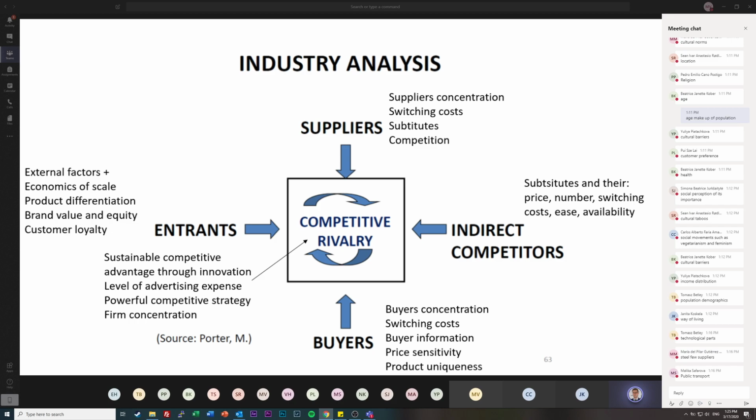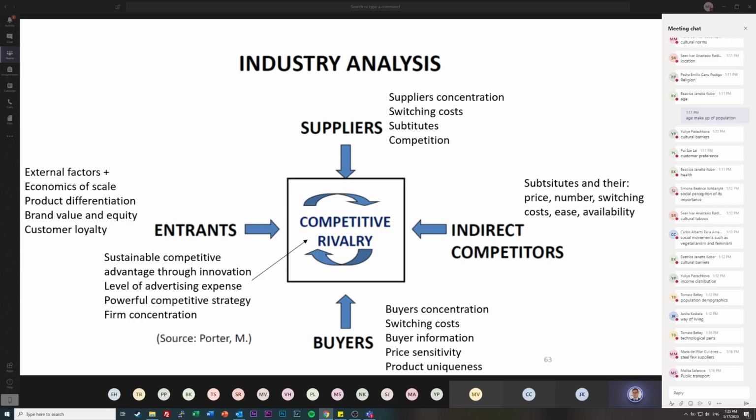And then there are two more factors. One is the indirect competitors and the other is buyers. Those are factors that influence the output of the company. So the suppliers and entrants were on the input. Indirect competitors and buyers are more on the output.